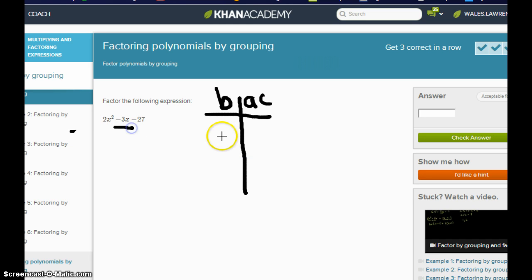I'm adding to -3, and I'm multiplying to 2 times -27, which appears to be -54. So now I look again, I've got a negative AC, which means that I'm multiplying by a positive and a negative. I need to add to a negative, so my negative number is going to be the larger number, and then I just start.